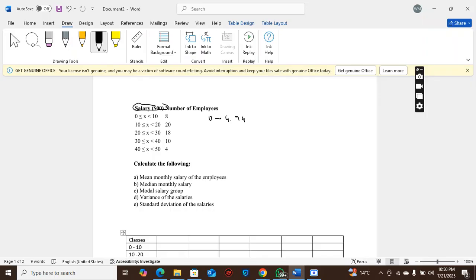Yeah, colleagues, if it wasn't salaries, if it was something that doesn't have decimal places, like maybe ages, okay? Because with ages there's no 9.99 years. They're only whole numbers. Then there you would have just put 0 to 9 here.